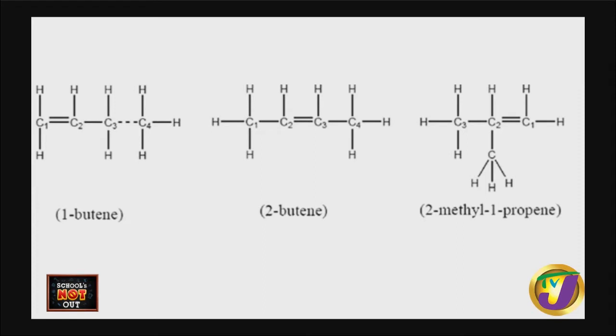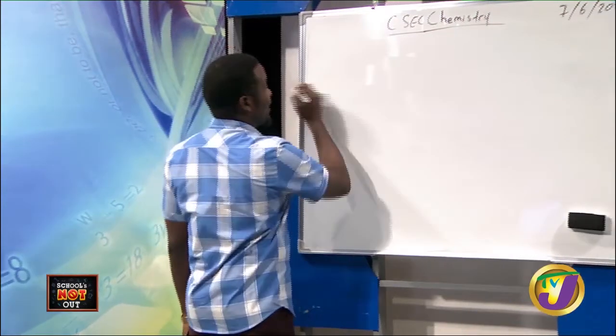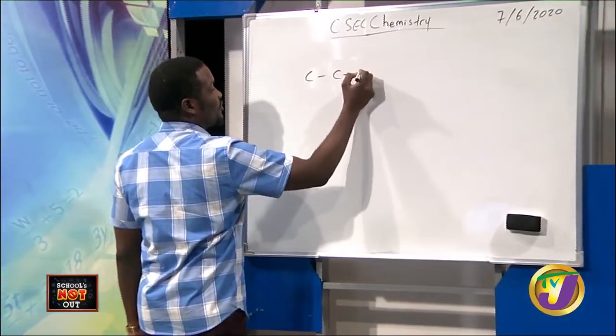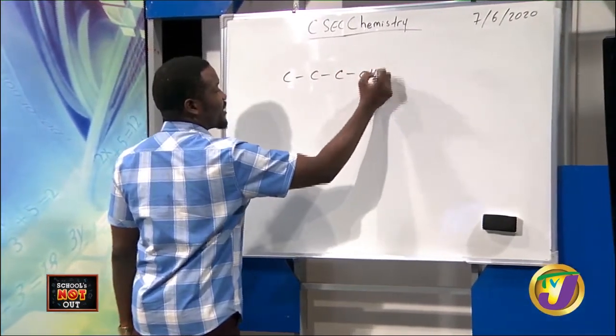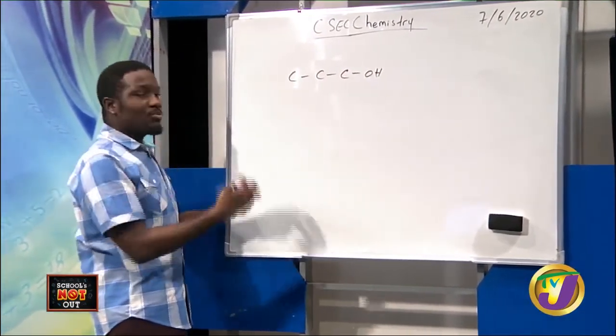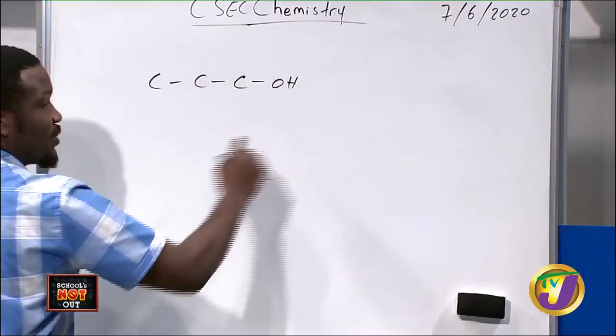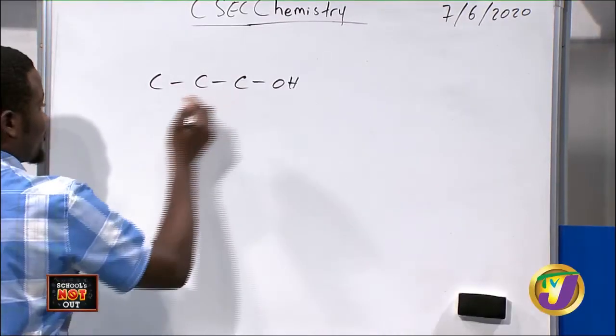All right, so now we can look at the same thing for alcohols. Remember, alcohols are the ones that have the OH group, or the hydroxyl group. So if I have 1, 2, 3, OH, immediately it should jump out at us that this is going to be an alcohol because there's the OH group there.